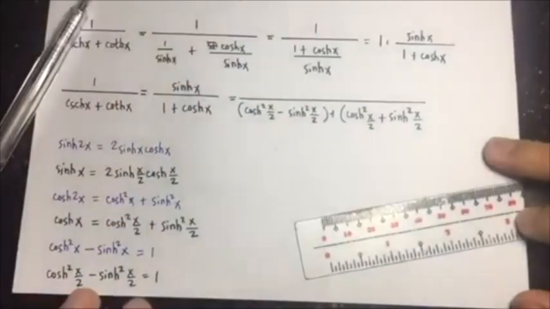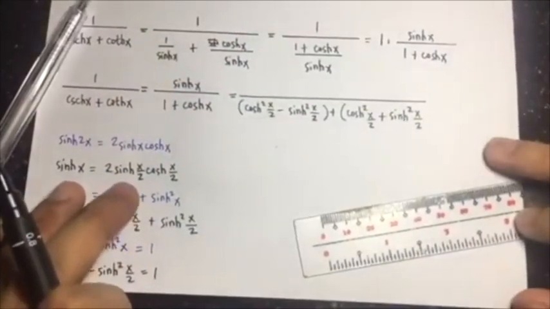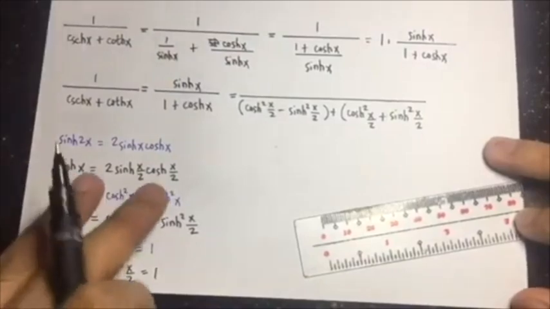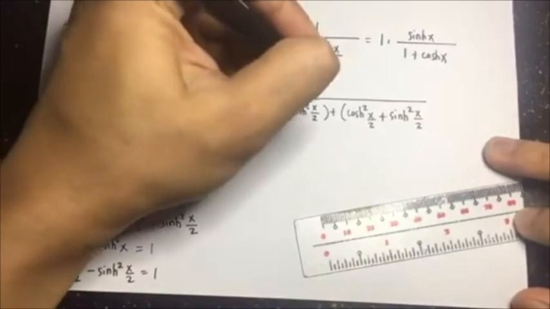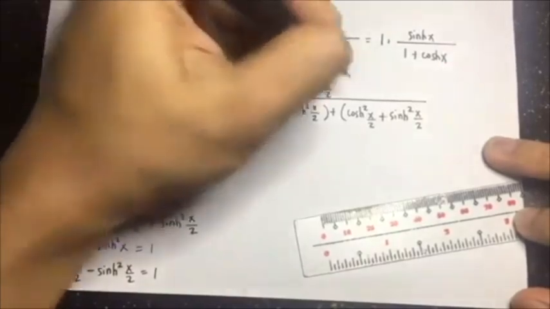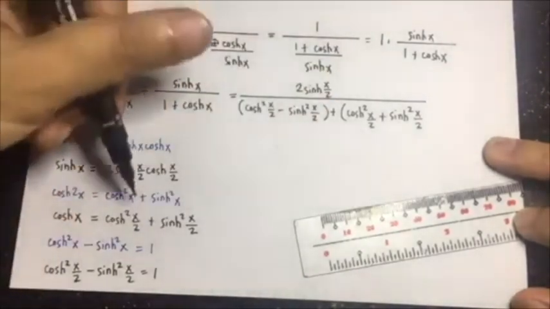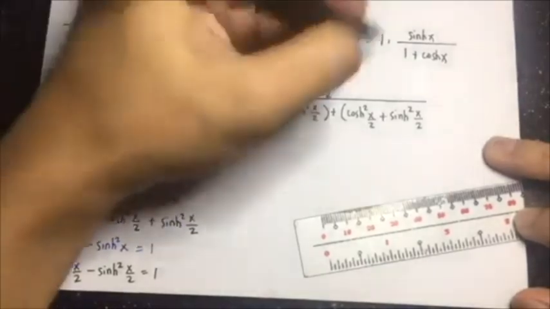Okay, and then the numerator is hyperbolic sine of x, so that is 2 hyperbolic sine of x over 2 times hyperbolic cosine of x over 2.